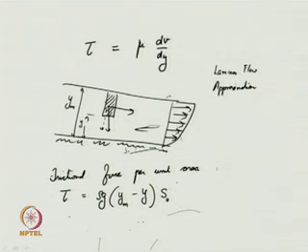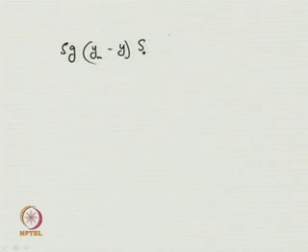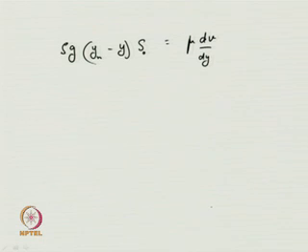That is what we are doing here. That can be given like this. So, this is nothing but, if you again go through the same equation, rho g (ym minus y) s naught is equal to, you use Newton's law of viscosity, you are equating it to this.